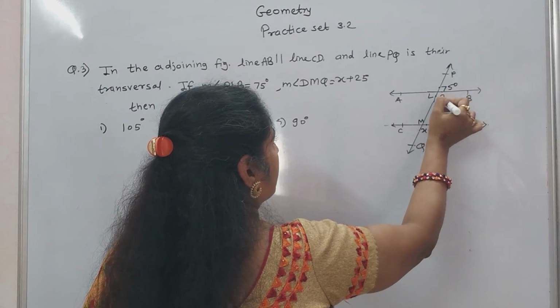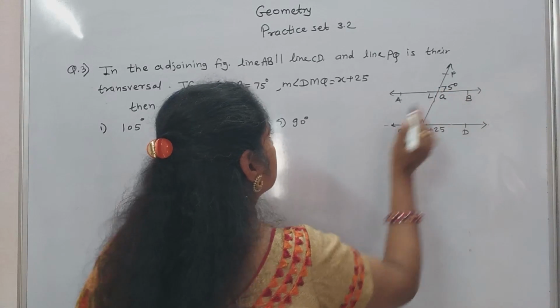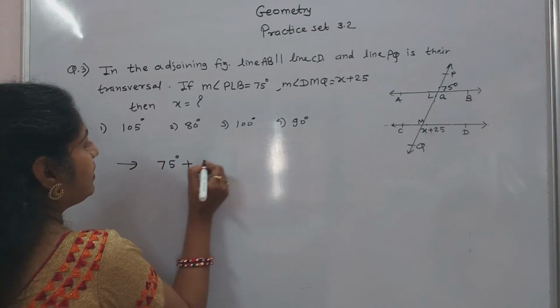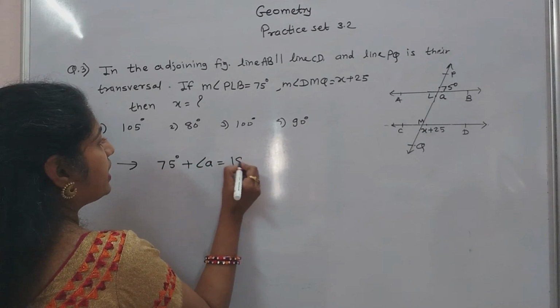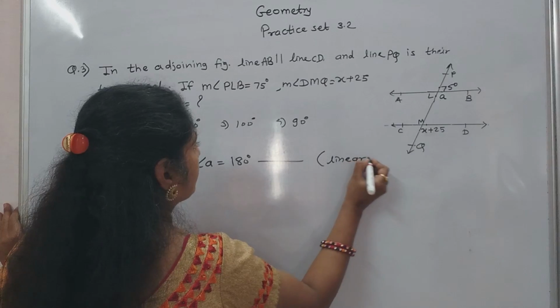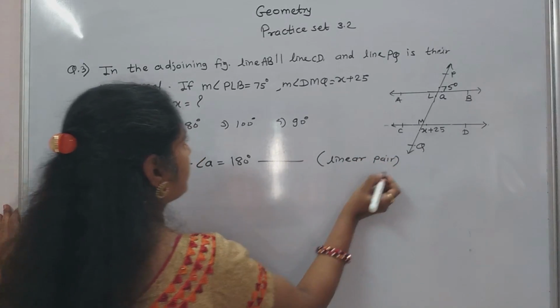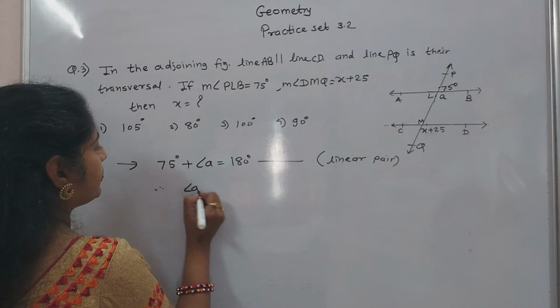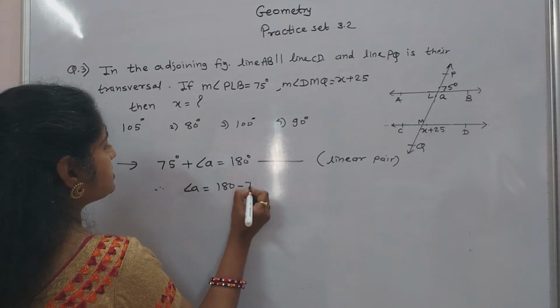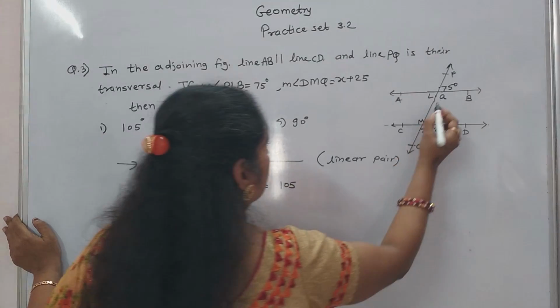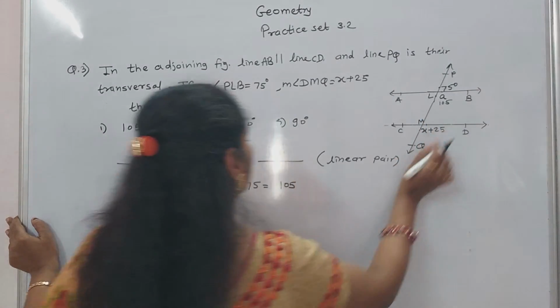Find the value of A. There, 75 degrees plus angle A equal to 180, linear pair. So angle A equal to 180 minus 75, 105. A is equal to 105.